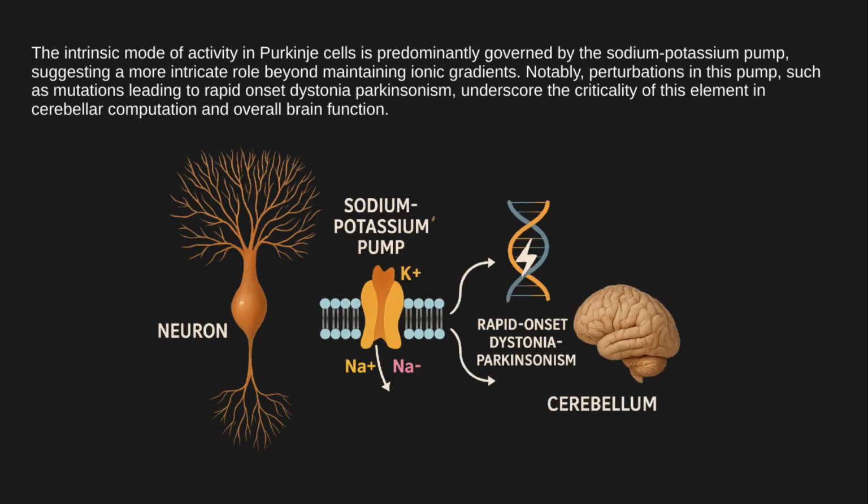The intrinsic mode of activity in Purkinje cells is predominantly governed by the sodium-potassium pump, suggesting a more intricate role beyond maintaining ionic gradients. Notably, perturbations in this pump, such as mutations leading to rapid onset dystonia Parkinsonism, underscore the criticality of this element in cerebellar computation and overall brain function.